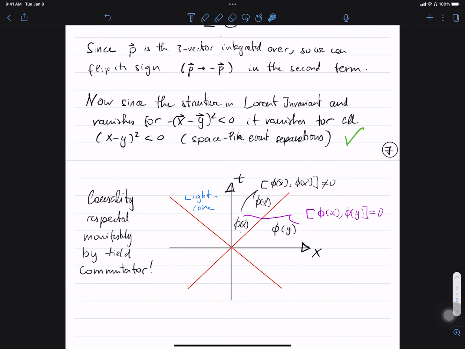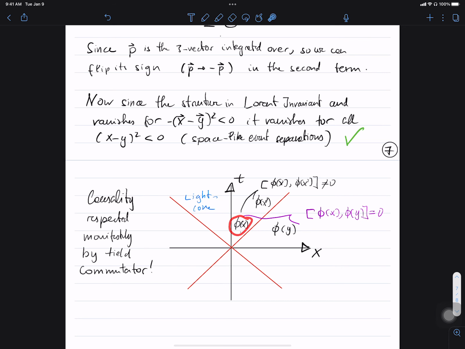Let's see again as a picture in the 1 plus 1 dimensional space. If we have here the space, here's time. This point here, for example, is inside the light cone of this, or these 2 points are inside the light cone such that they can influence each other, and their commutator would not vanish as we checked before.